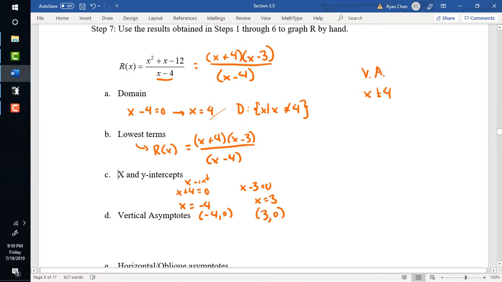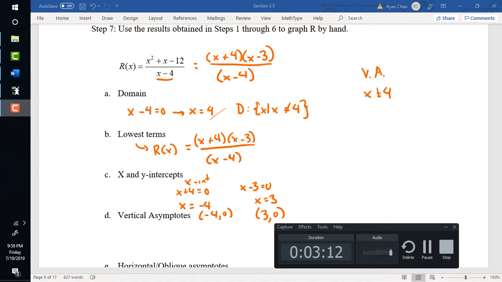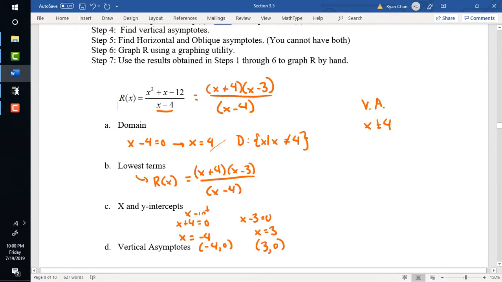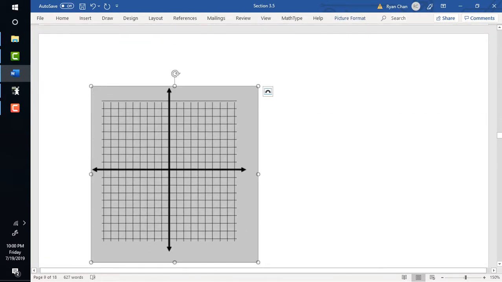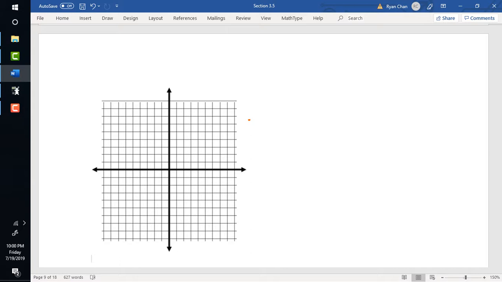Let's talk about how I graph this. I have coordinates at negative 4, 0 and 3, 0. So negative 4, 0 is right here, and 3, 0 is right here.